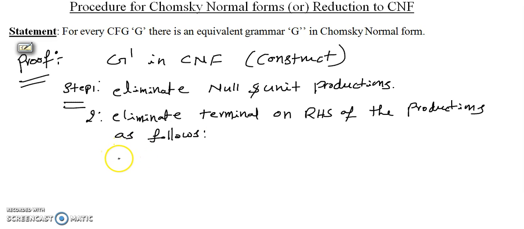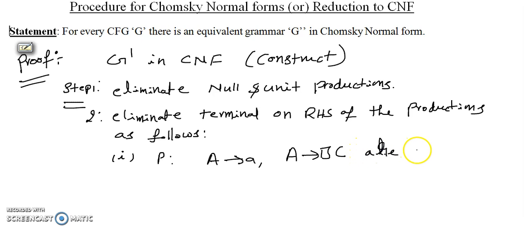The first step in this step 2 is that all productions in P of the form A tends to a, A tends to BC are included in P'.